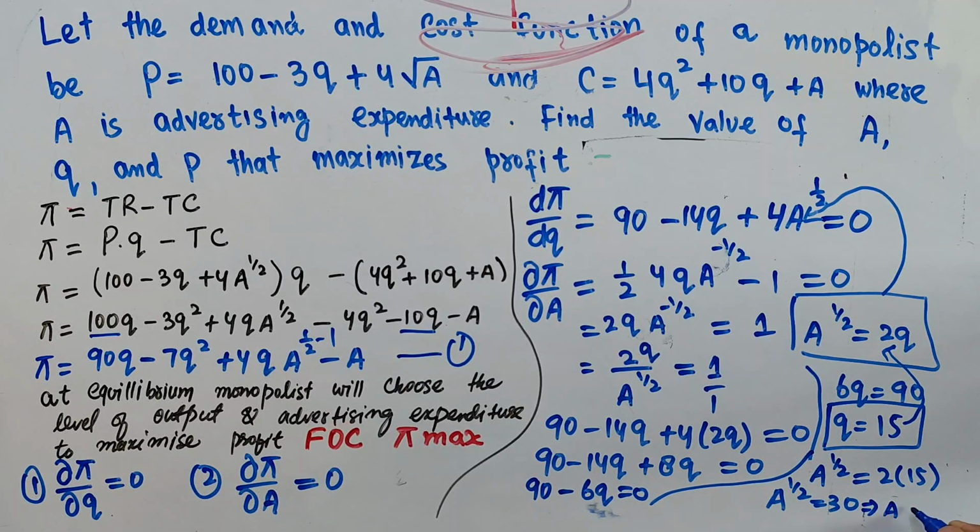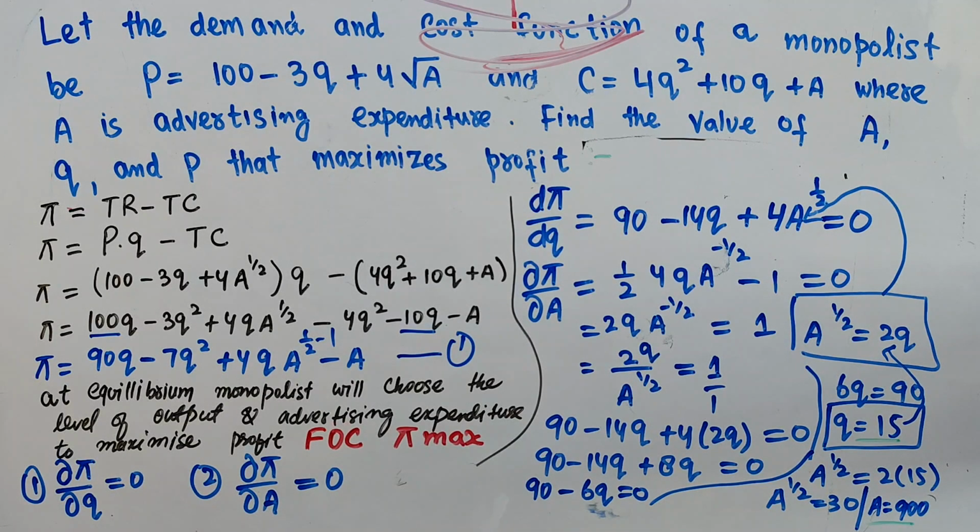So a will be equal to 30 square, or a will be equal to 3 into 3 is 9, so we get 900 here. Okay, I don't have the space here, so which implies advertising expenditure will be equal to 900.